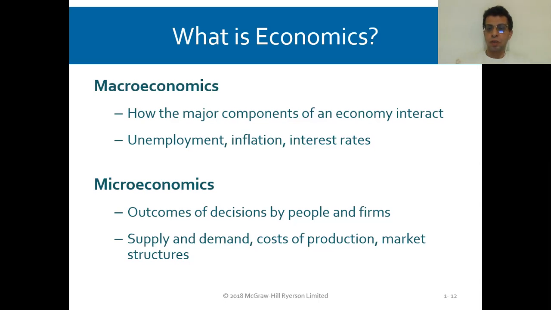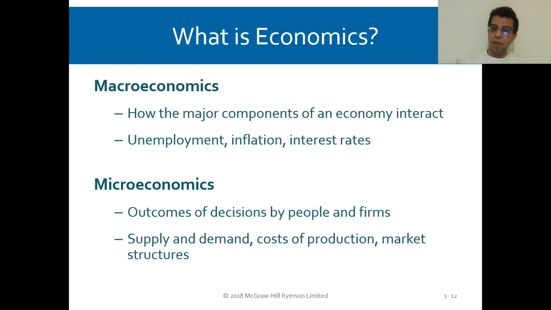In micro, which is our focus in this course, it is the outcomes of decisions by people and firms. Keep in mind, every firm operates differently than how the whole economy is operating. One person might be operating differently than the whole society out there.